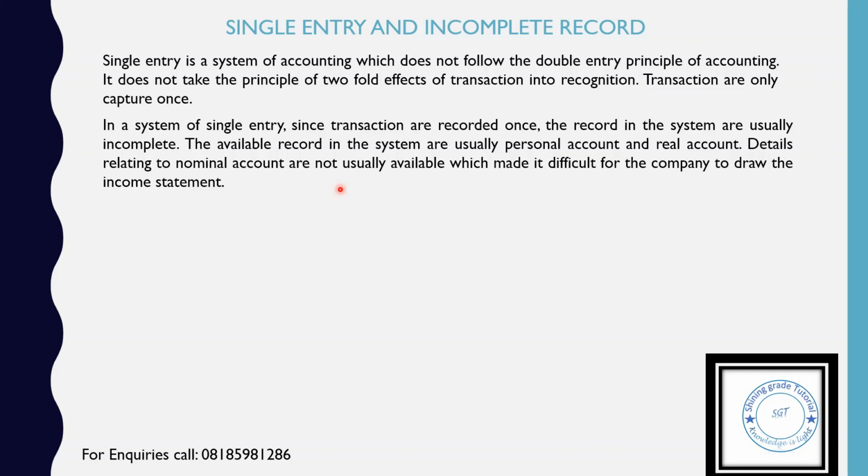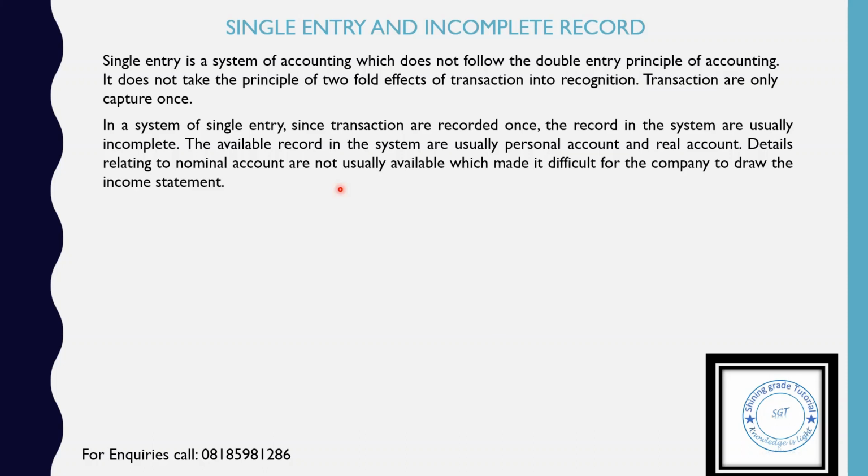That makes it difficult to prepare the income statement and determine the financial results of the organization, that is the profit or loss. It will be difficult to determine the financial performance of the organization because we have difficulties in getting details that relate to the nominal accounts of the establishment.